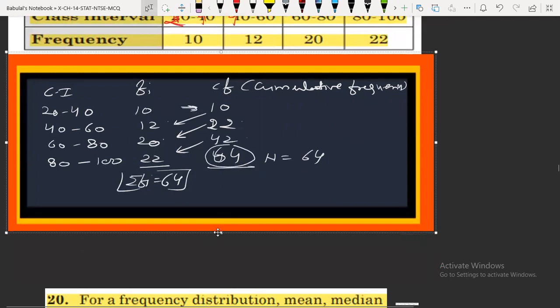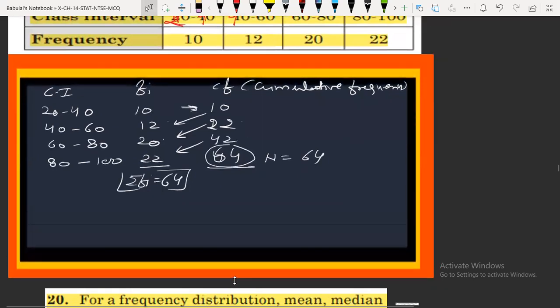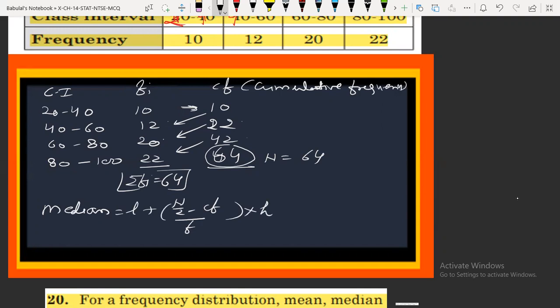We know the formula for the median. How to determine that is very, very essential here. Here median is equal to L plus (n by 2 minus CF) into F into H.